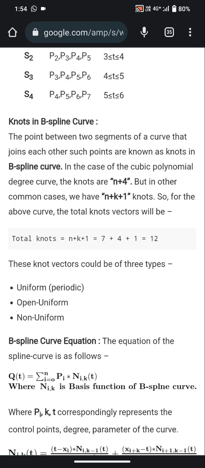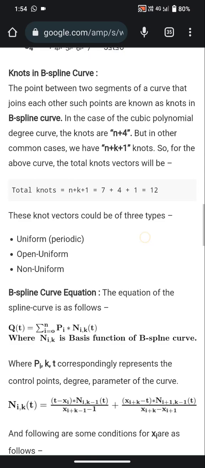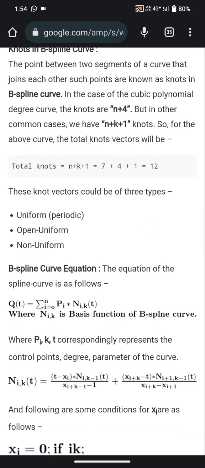So for the above curve, the total number of nodes is n plus k plus 1, equal to 7 plus 4 plus 1, equal to 12. The node vector can be of three types: the first is uniform, also called periodic, then open uniform, and non-uniform.